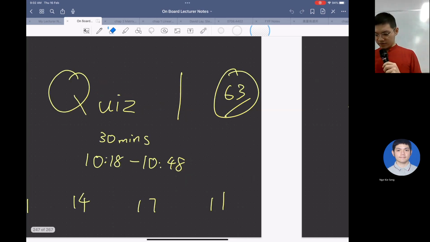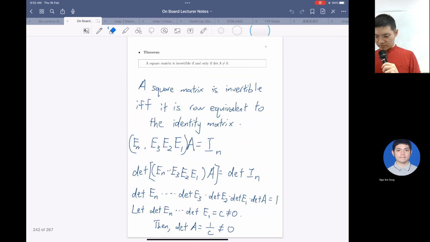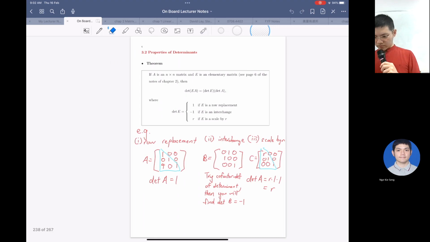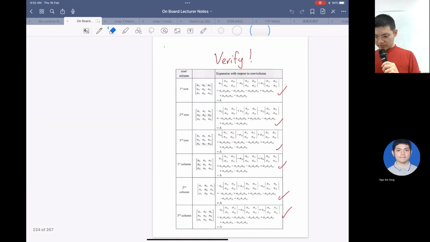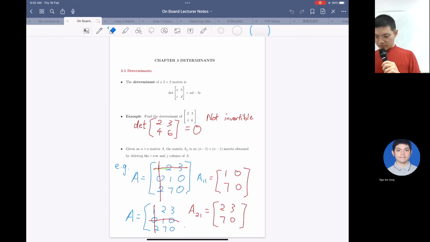Determinant is only defined on n by n. I think 3Blue1Brown has some geometric intuition about that.